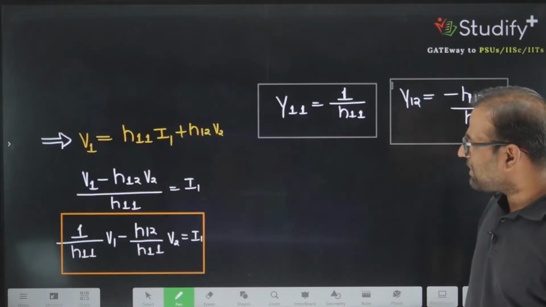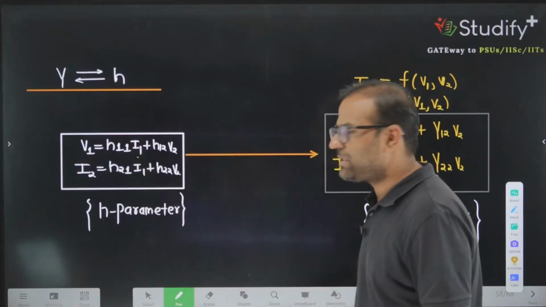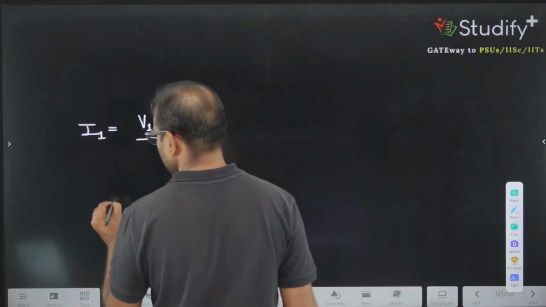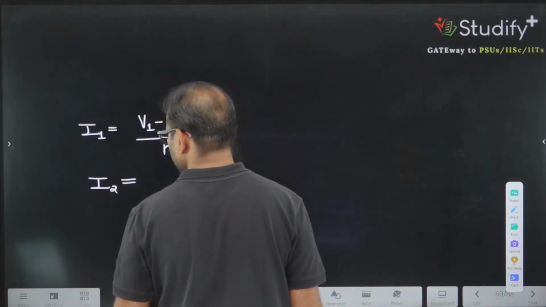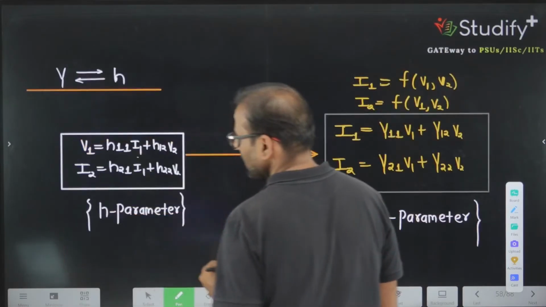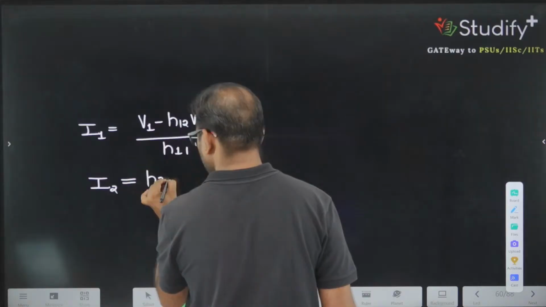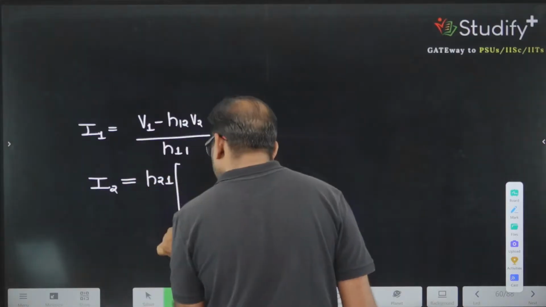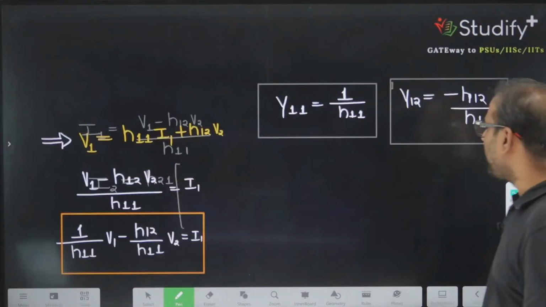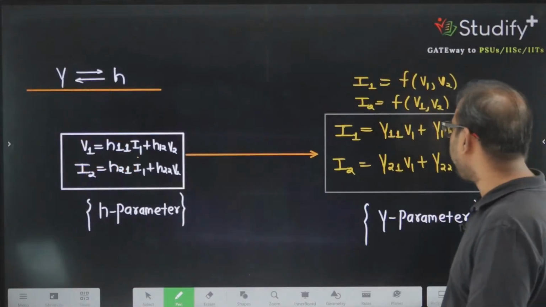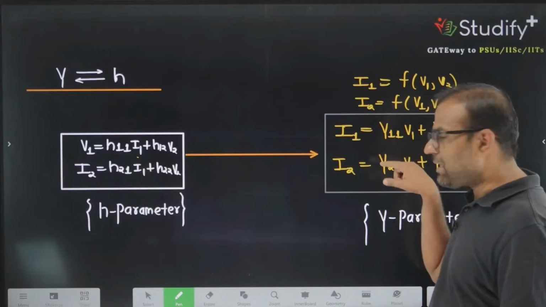When you go to the second equation, I2 is equivalent to H21 into I1, but I1 is not needed because if we want to transform this into Y parameter, I have to write I2 as a function of V1 and V2.